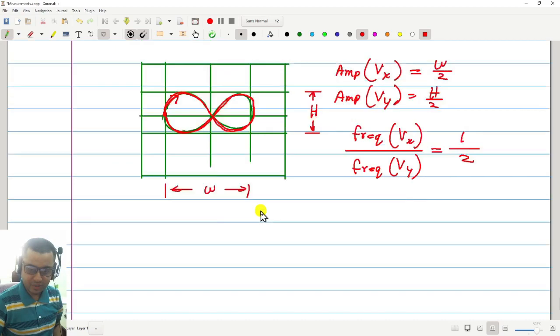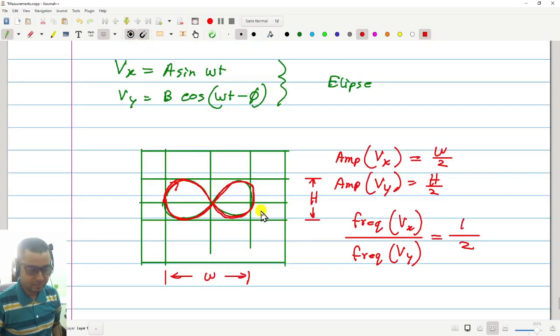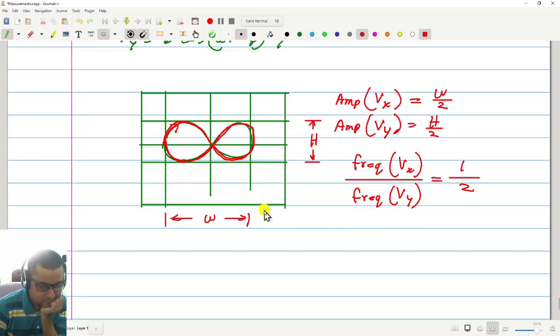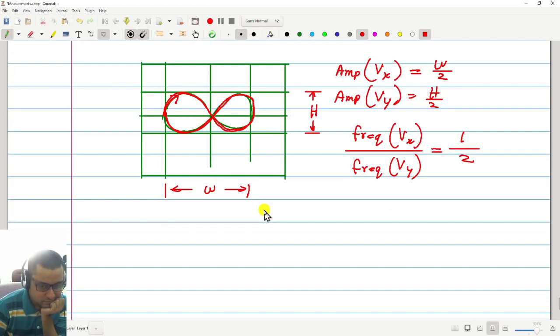Okay, sir. But can it be like Vx triangular and Vy sinusoidal? From this diagram itself, we cannot say about the waveform exactly. Why? Because I'm just looking at this trace, but I don't know exactly at what speed the beam is moving along this line.